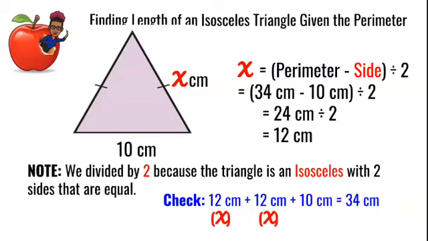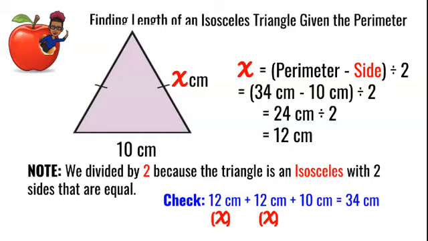Now we can double check. So note, we divided by 2 because the triangle is an isosceles with two sides that are equal. So here we have 12 plus 12, which was the 24 that was divided by 2 for the two sides, plus the 10, the side we know.